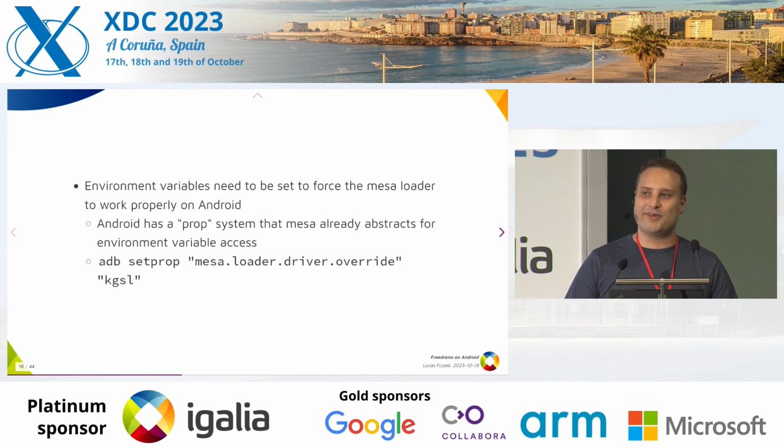They have their own system called properties, and thankfully, Mesa developers have already thought this through and have added an abstraction to the environment variable system so that if you're running on Android, it will conveniently use props like environment variables, with the added note that any underscore in a property name gets replaced with a period, and if the prop doesn't have Mesa in front of it, it will add Mesa in front of it so that they're all in the Mesa namespace. But by doing that, we can now set all the environment variables we need to allow the driver to load properly and start running.